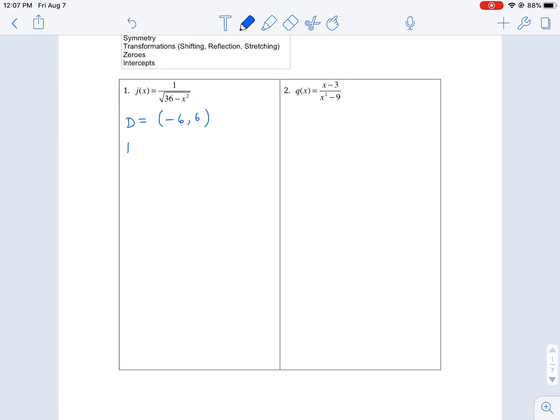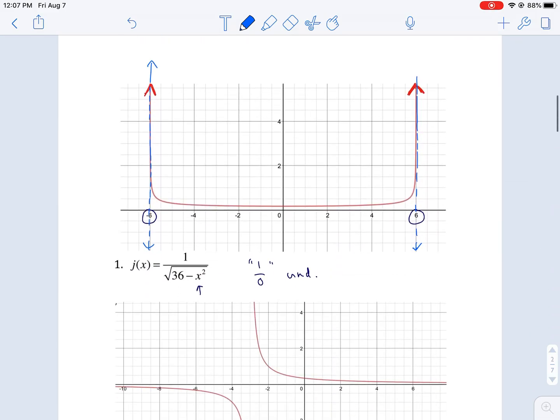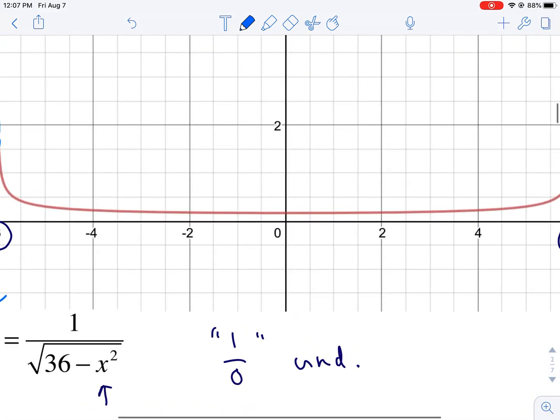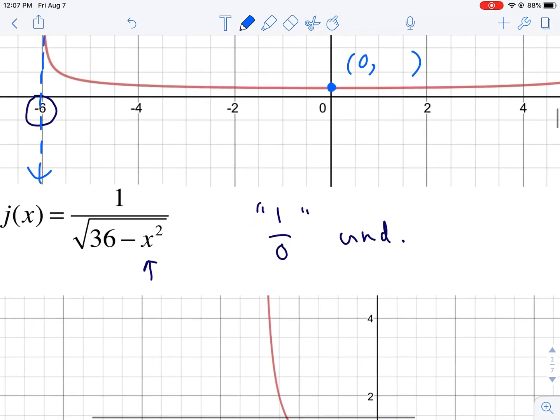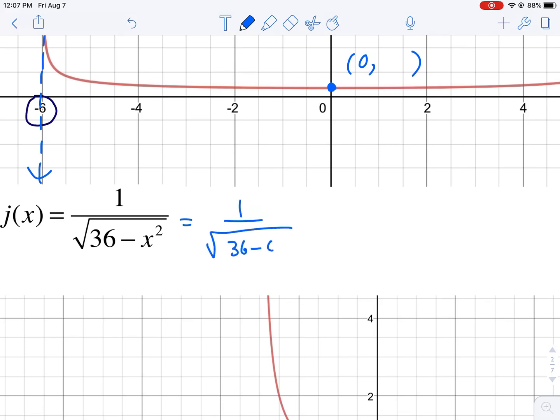The range is how high and how low you go. And of course, we said you don't quite get to y equals 0. You get just above, you get to this ordered pair right here, which is 0 comma something. And how do you get a y value if you have an x value? Plug it in. So if I let x become 0, I get 1 over square root of 36 minus 0, which is 1/6.